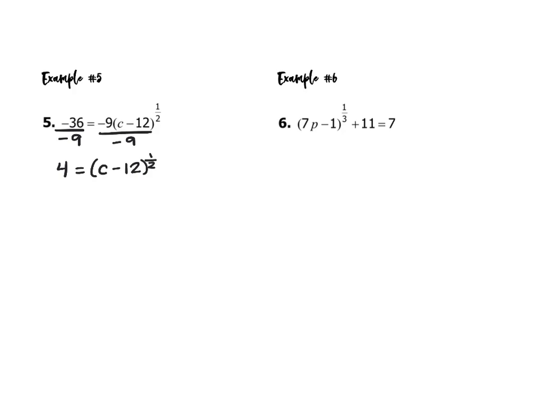Well, I can get rid of that 1/2 exponent by squaring it, because c minus 12 to the 1/2 is just the square root of c minus 12. So I'm going to square everything, and I get 16 equals c minus 12. I'm going to add 12 to both sides, so c equals 28.